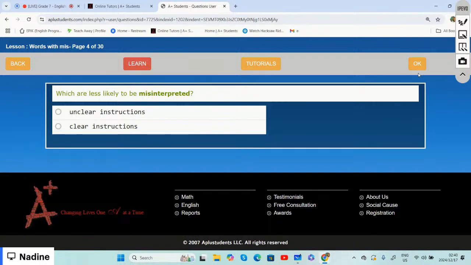All right, and the last one says, which is less likely to be misinterpreted? Which is less likely to be misinterpreted?